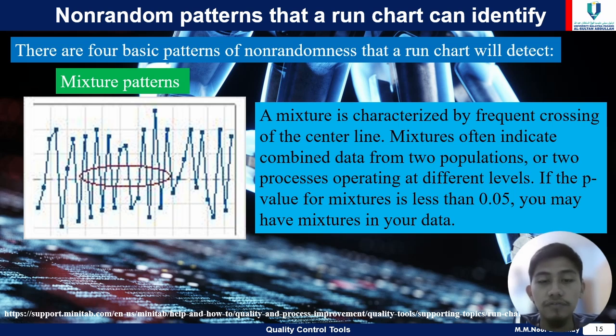If the p-value for mixtures is less than 0.05, you may have a mixture in your data. This pattern is more used in clinical settings, for example to check blood pressure.